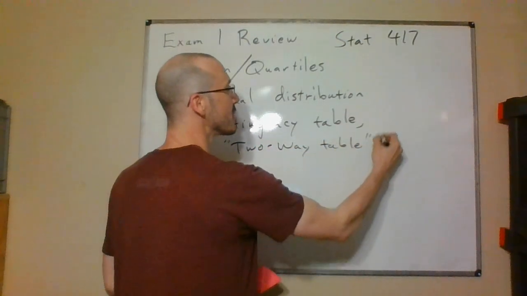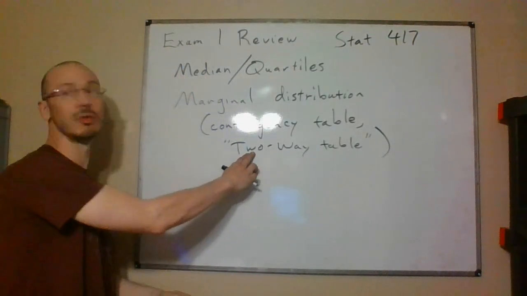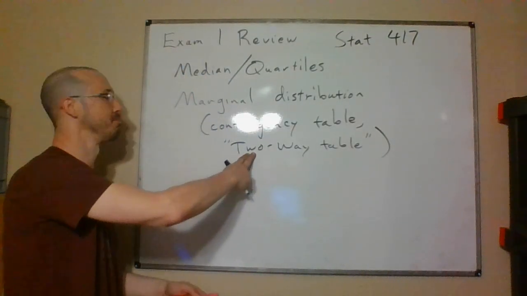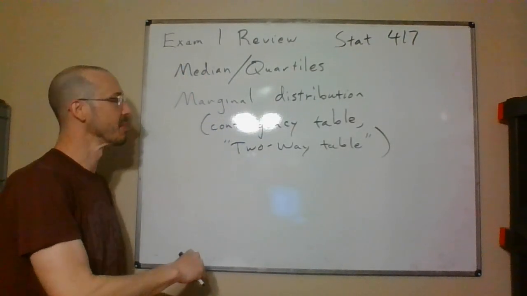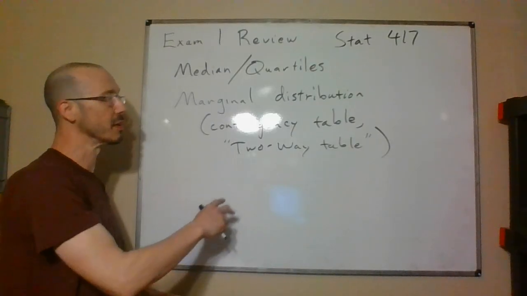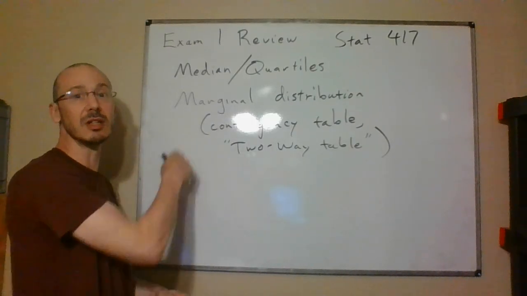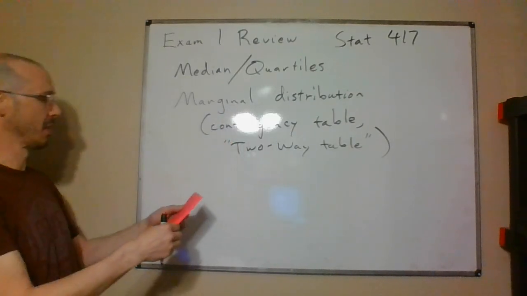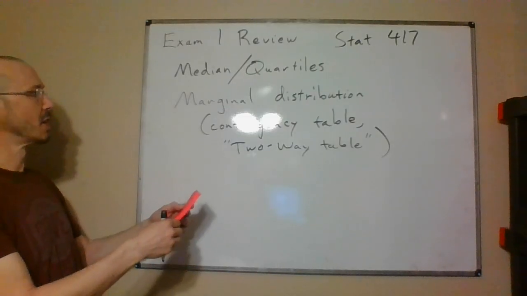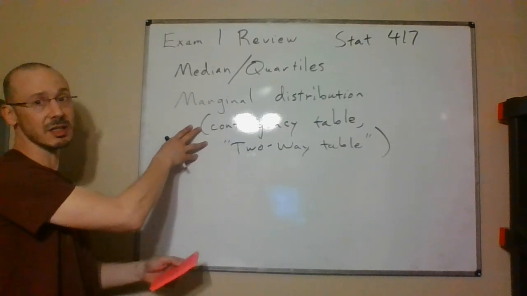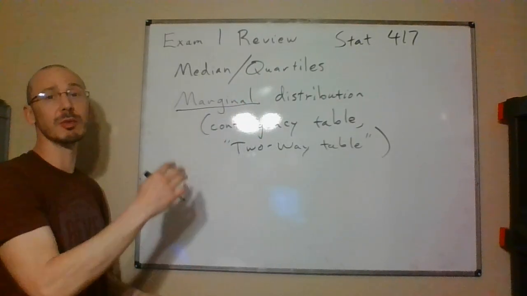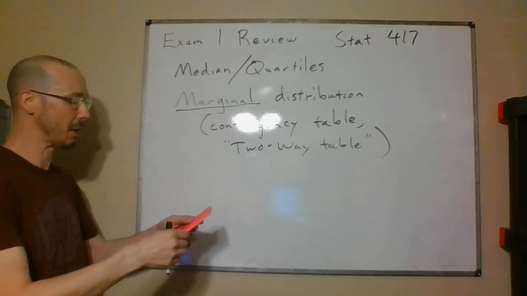That means the same thing. It's just they're talking about a two-variable table with the values, the counts in each of the boxes of the table. So actually, the contingency table is the table. The marginal distribution is something you can do with it, like in the homework problem.